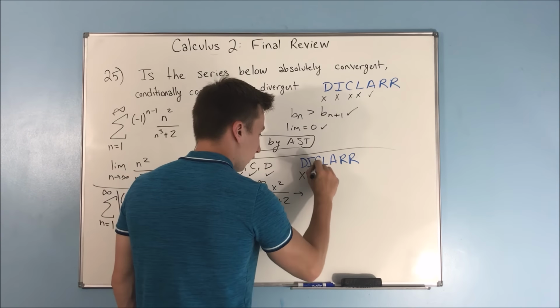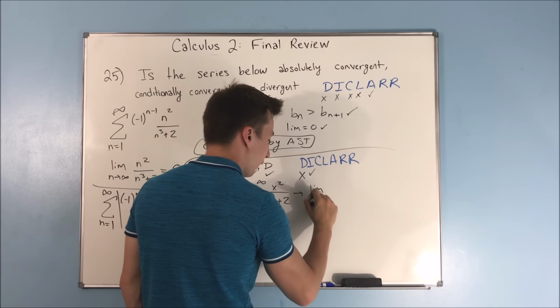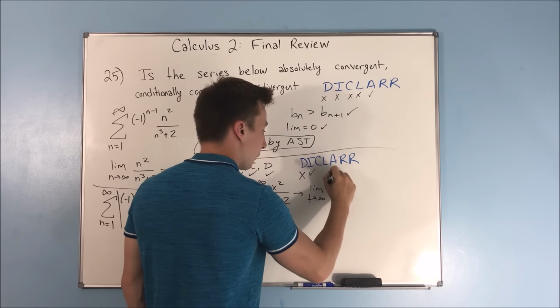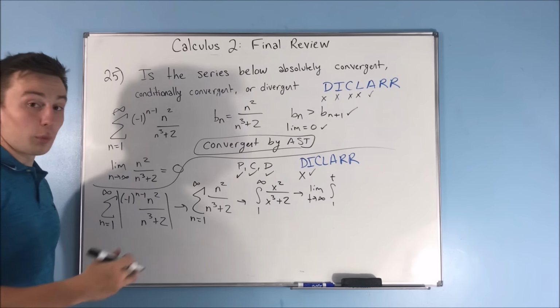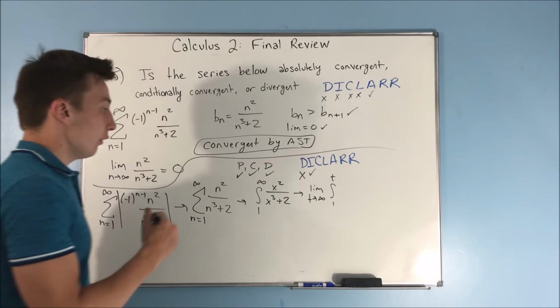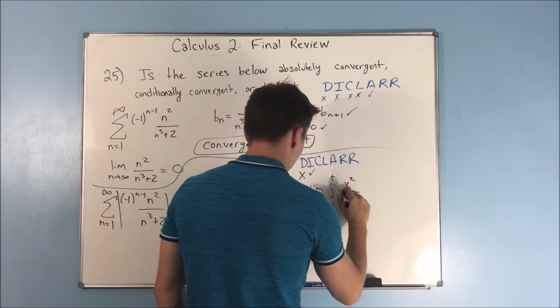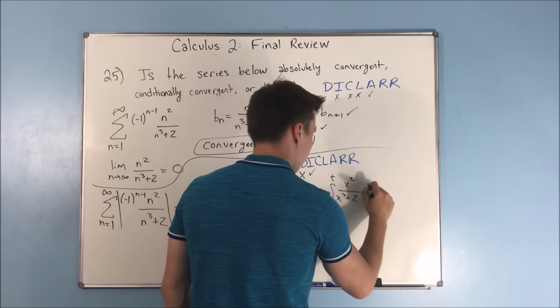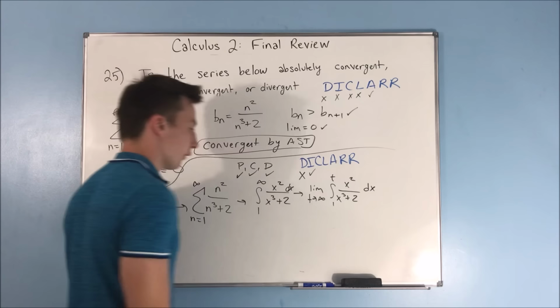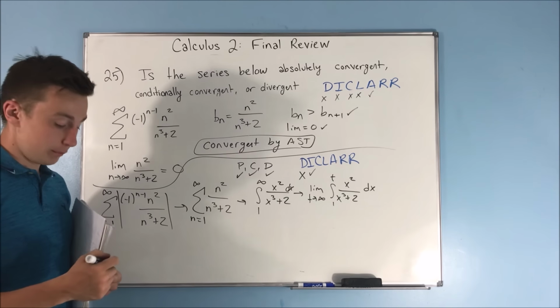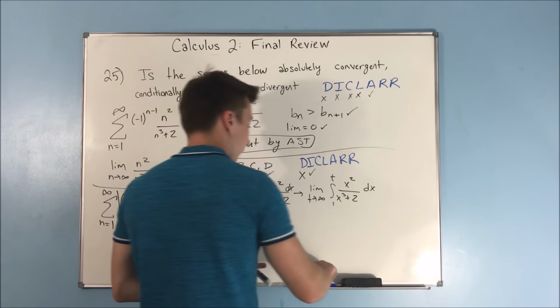We get the limit as t approaches infinity, because we can't have infinity as a bound, of the integral from 1 to t of x squared over x cubed plus 2 dx. We need a u sub.